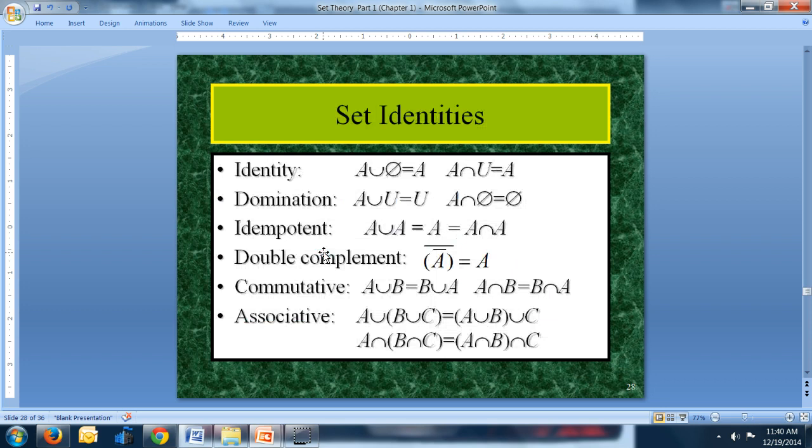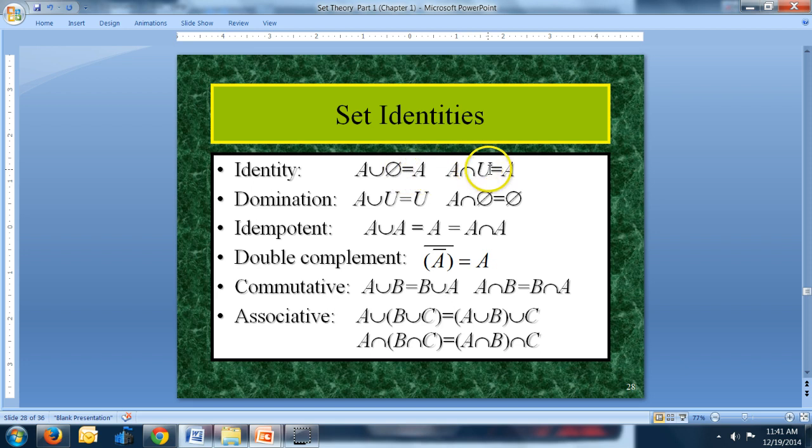Here are some identities that are very important in our discussions. The union of A with phi is equal to A. Now remember, this is the union, and phi is the empty set, so you don't add anything to A by taking the union with phi.